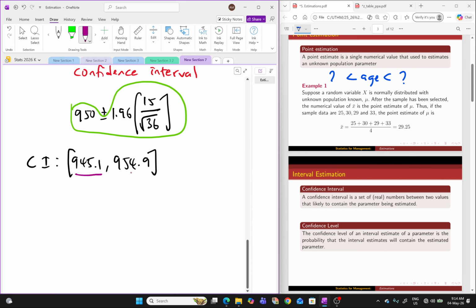Nombor ini saja, yang ini dengan yang ini nombor saja. Kalau interval we write it like this. Okay. Kalau soalan tanya confidence limit, that would be confidence limit dan nombor ini saja.